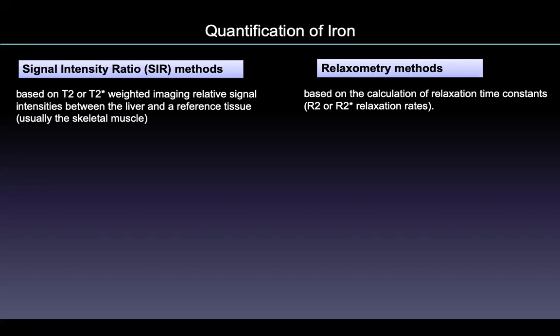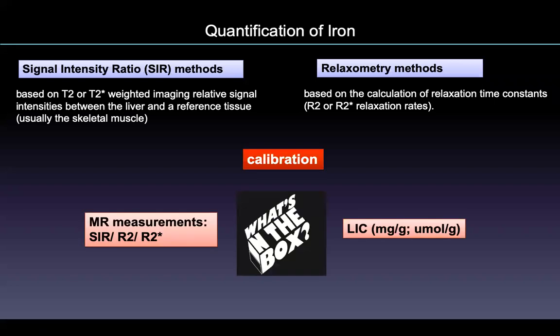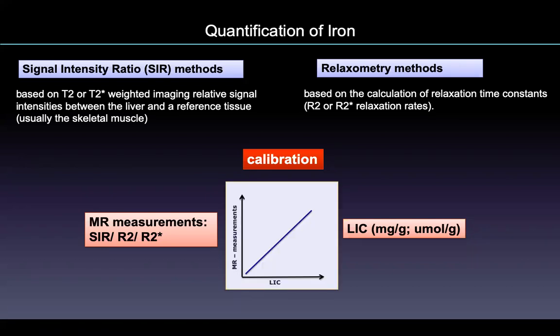On the other hand, relaxometry methods are based on the calculation of relaxation time constants. But these methods require calibration. We must compare the MR measurements from signal intensity ratio methods or relaxometry methods with liver iron concentration measurements to generate empirical calibration curves, because with MR, we are not measuring iron directly.